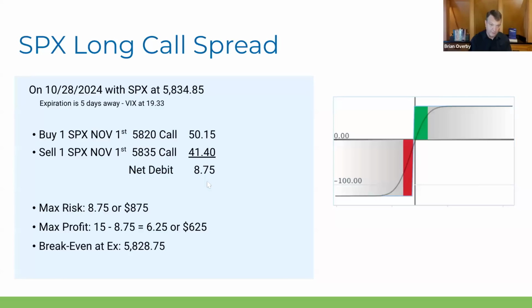Let's say we sell it for $2.25. So $8.75 minus $2.25 would be $6.50 overall. So that would end up being my max risk on the trade. And then I'm long a butterfly and I'm hoping that the market will bounce back.